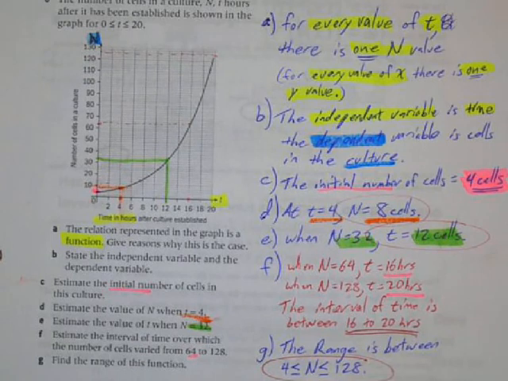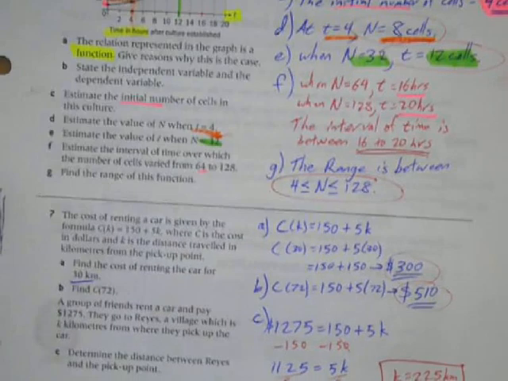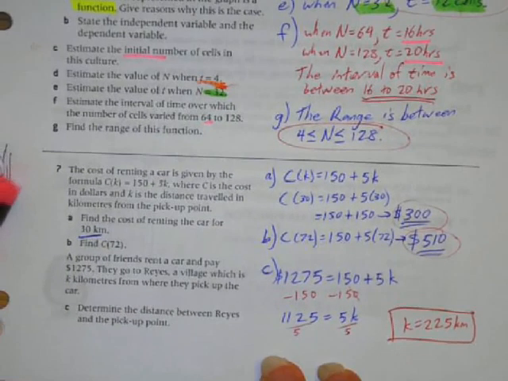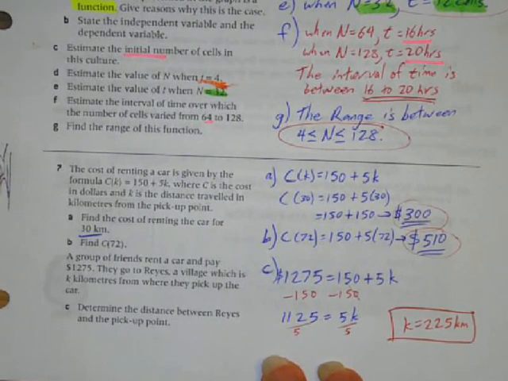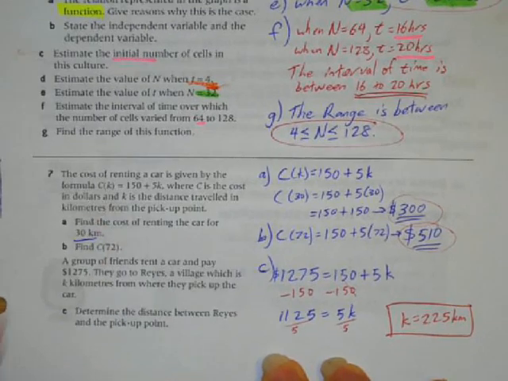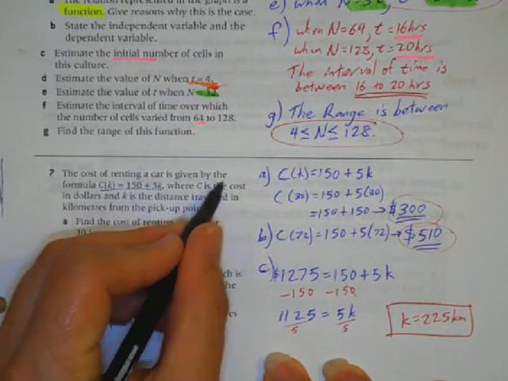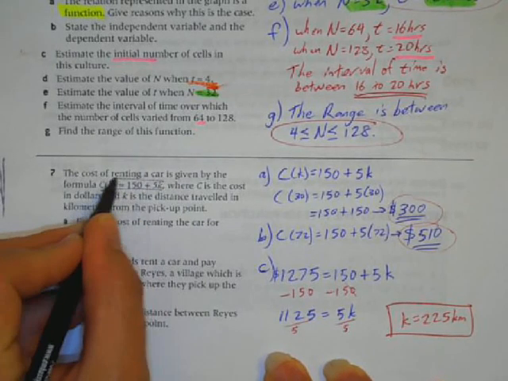Okay. So let's look at number 7. You may have something like this on the quiz coming up, where I'm going to give you an equation. So in this example here, I've given you an equation. The cost of renting a car is given by this formula here.